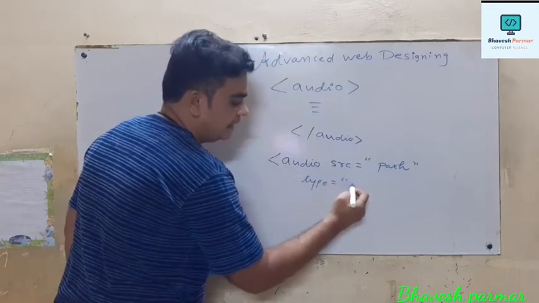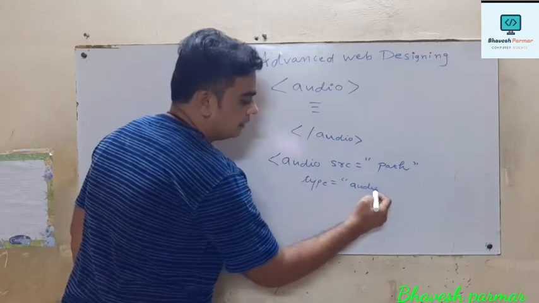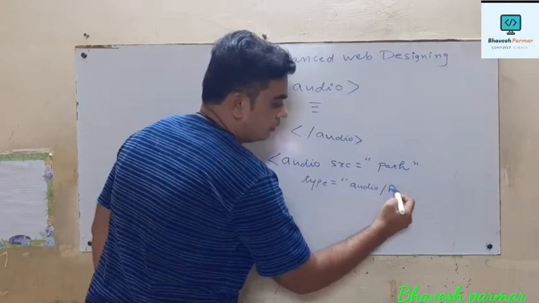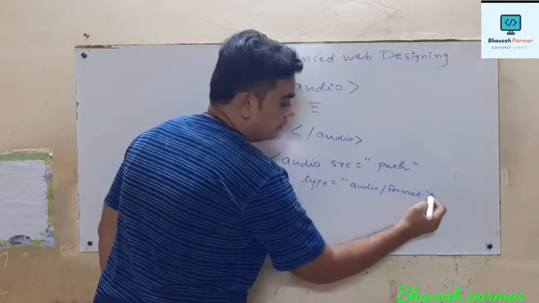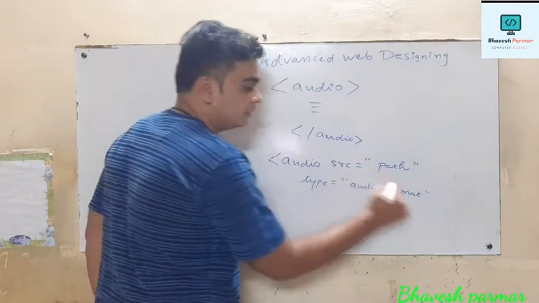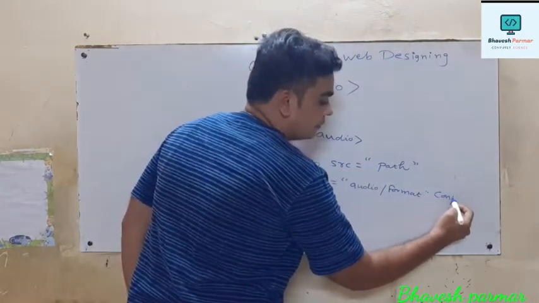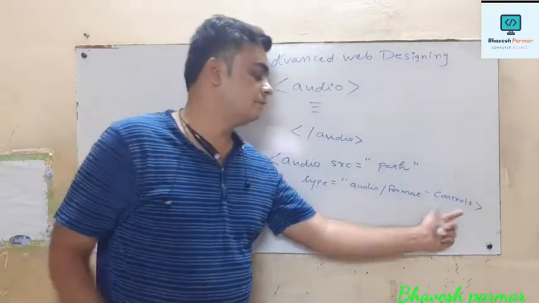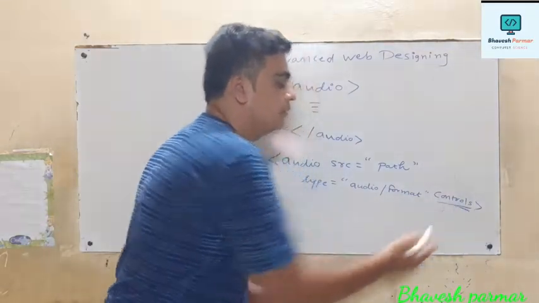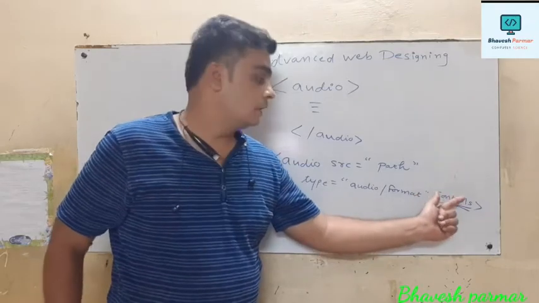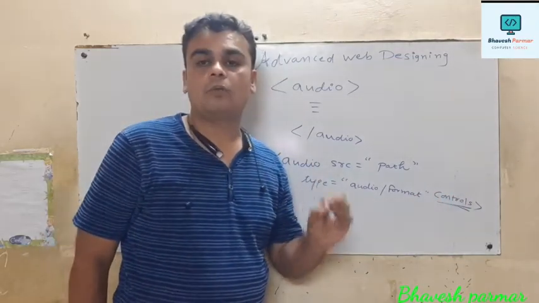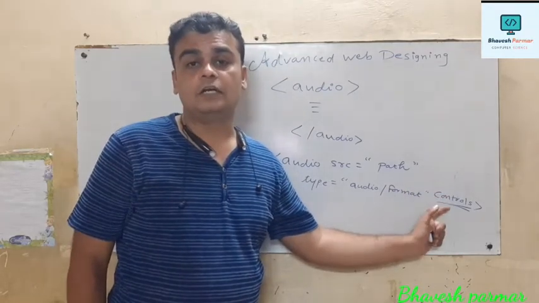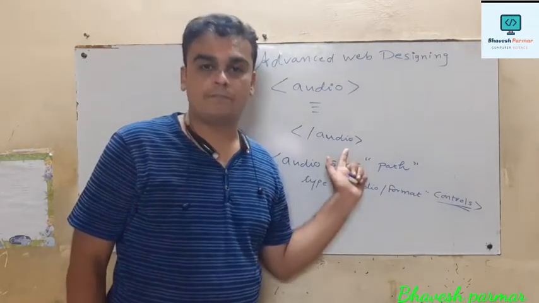This type indicates whether it is audio, followed by the format that we are going to use in this path, and then afterwards we are going to write down the controls. So guys, this is a very interesting attribute, because controls provides play, pause, stop, these types of automatic control buttons in the web page.